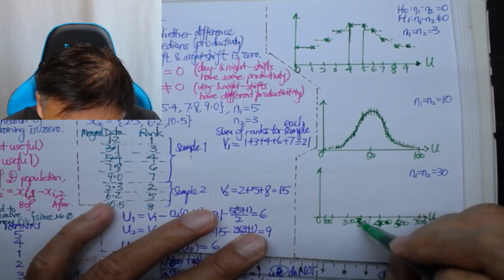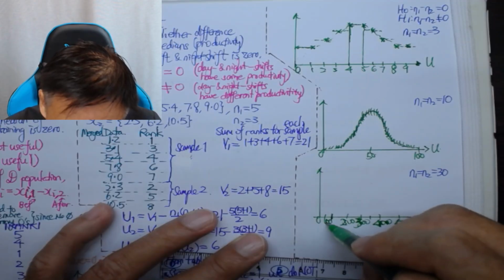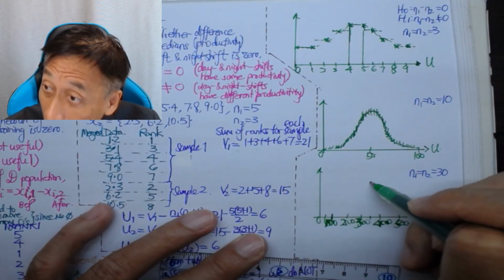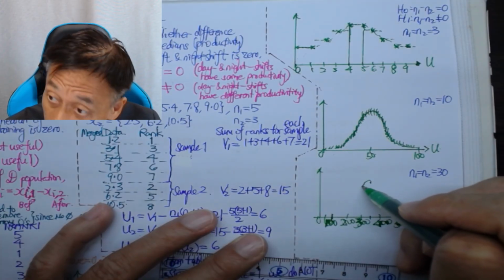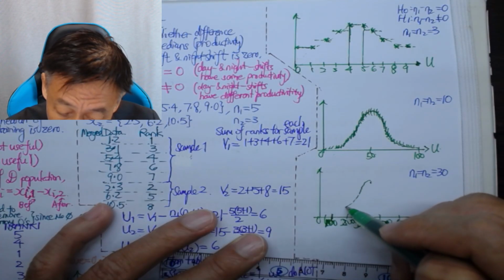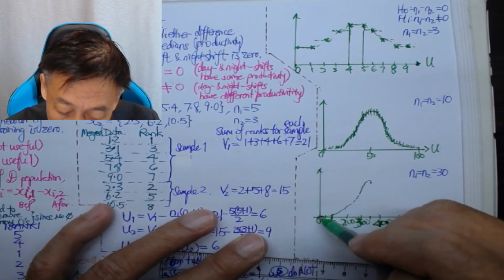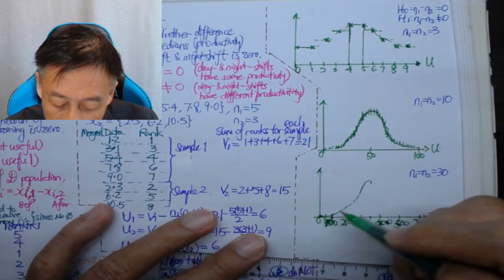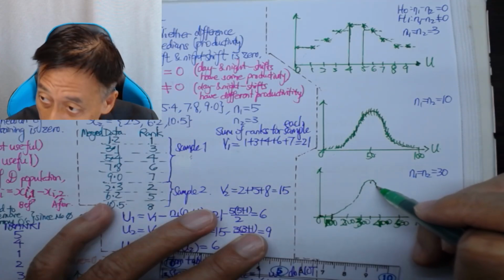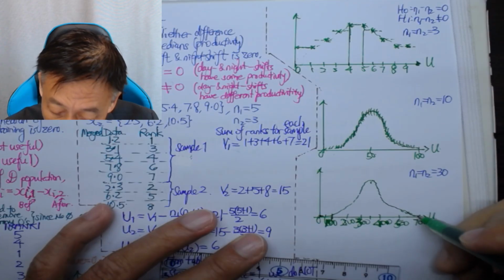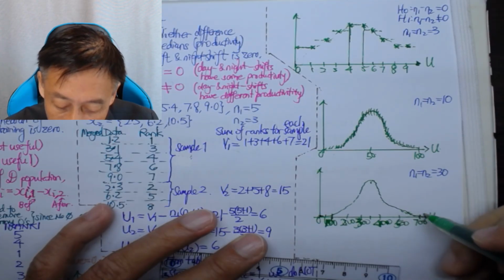Sorry, this should be 350. Okay, so 350 is here, and I get something like this, tapering off to a bit close to 0 on the y-axis, but not 0. And it ends there, finite.